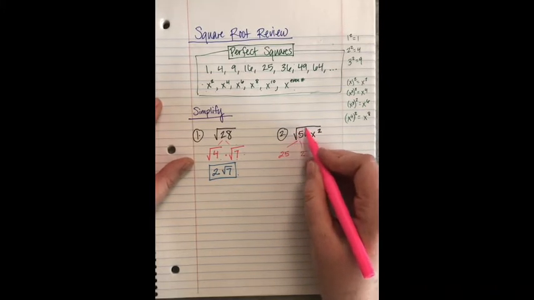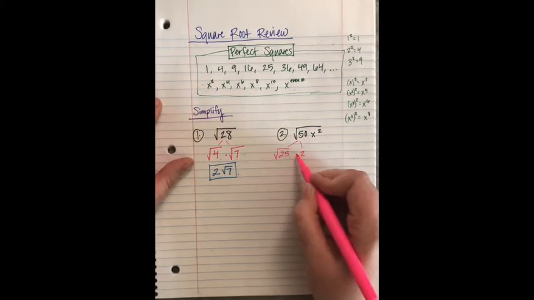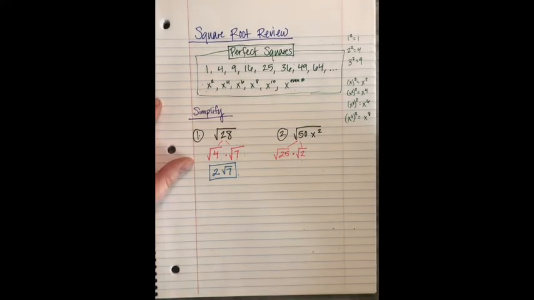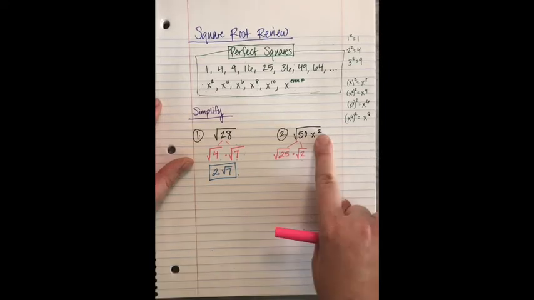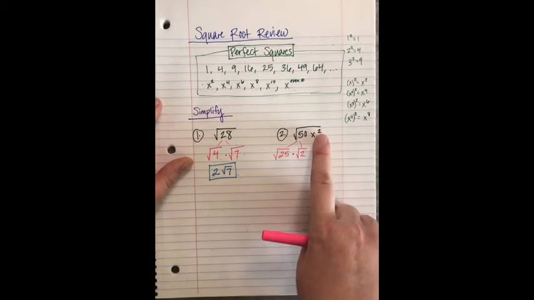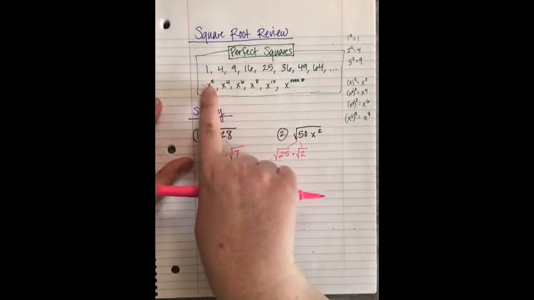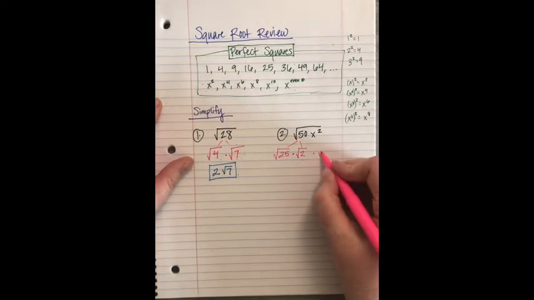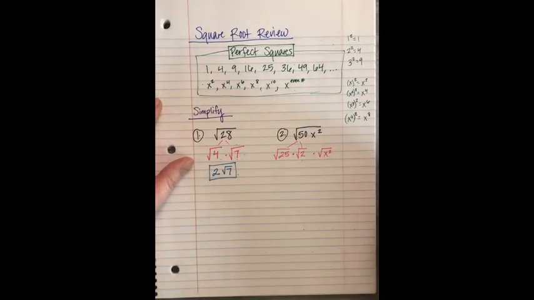So I'm going to rewrite the square root of 50 as the square root of 25 times the square root of 2. And then I'm going to look at my variable term. X is raised to the 2nd power, and that 2 is an even number, so it's definitely a perfect square. If it's a perfect square, I'm just going to drop it down in its own radical for now.